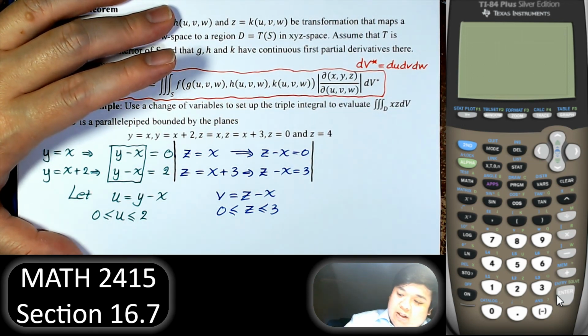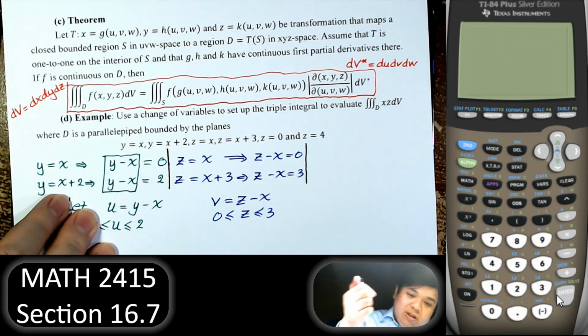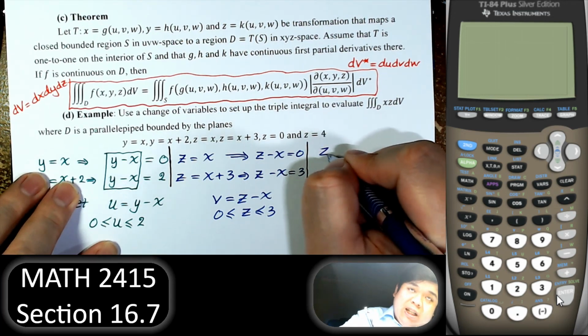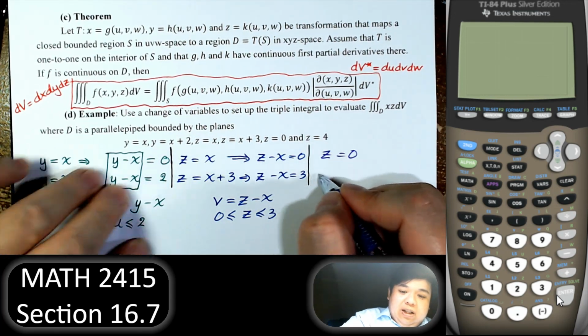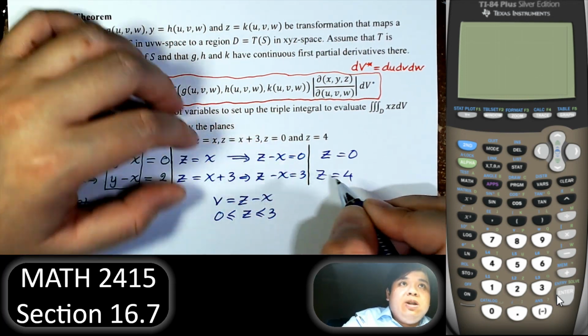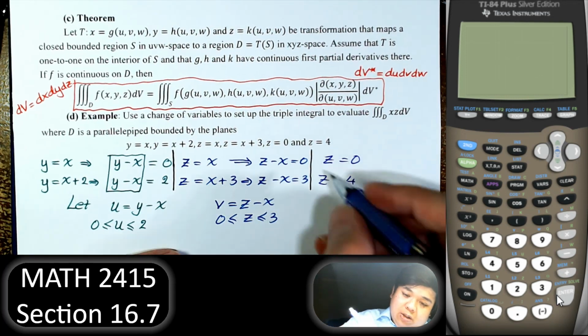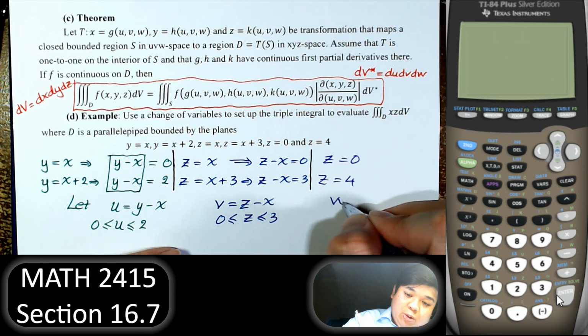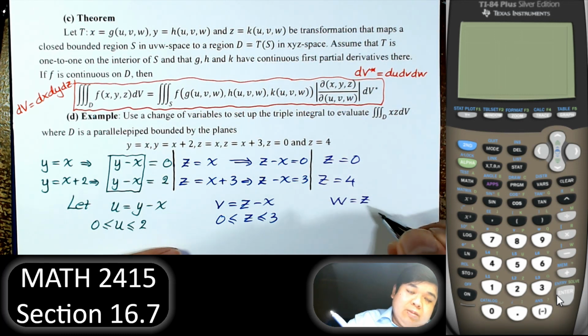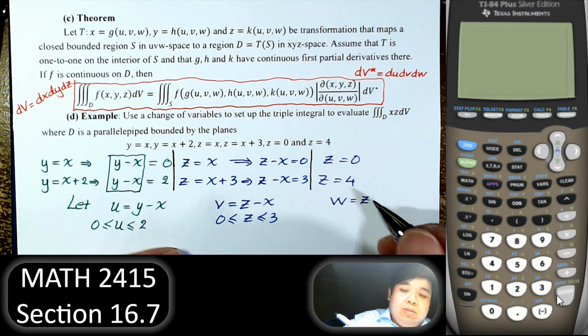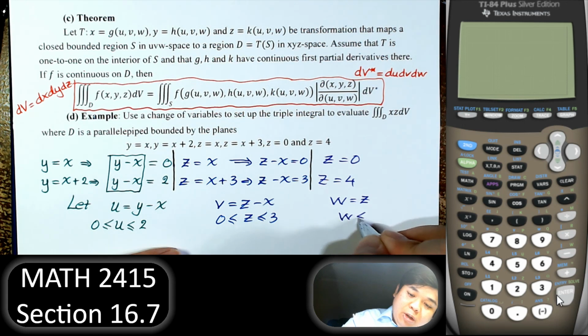Finally we have z equal to 0 and z equal to 4. So in that case we can just let w equal to z, and w between 0 and 4.